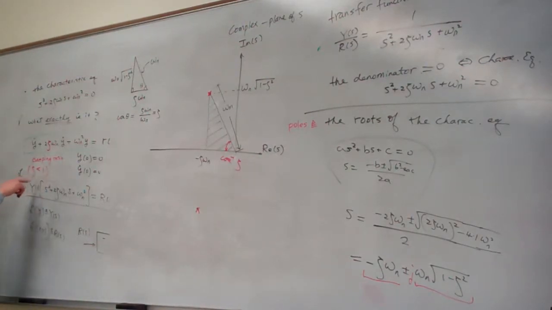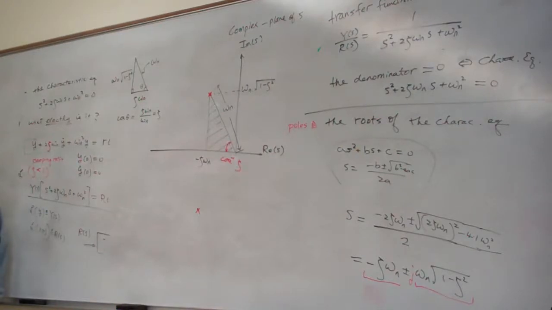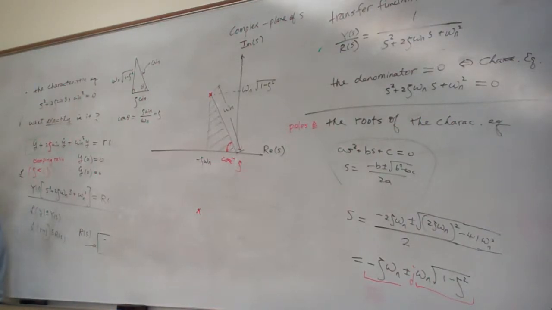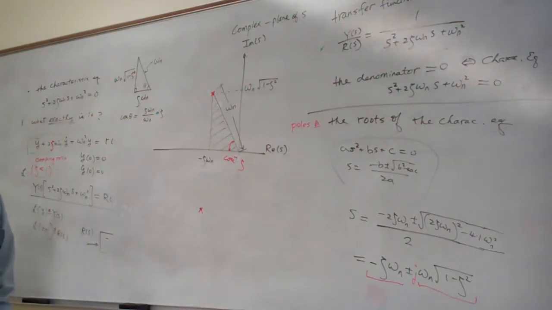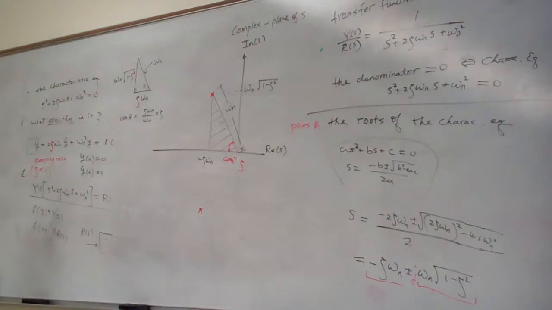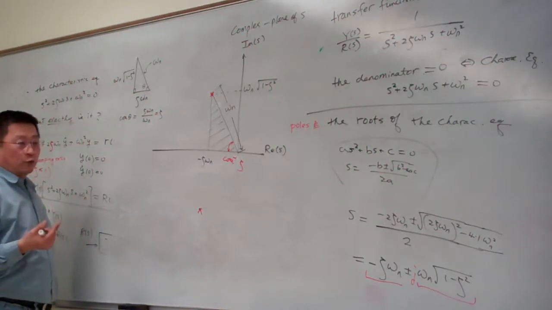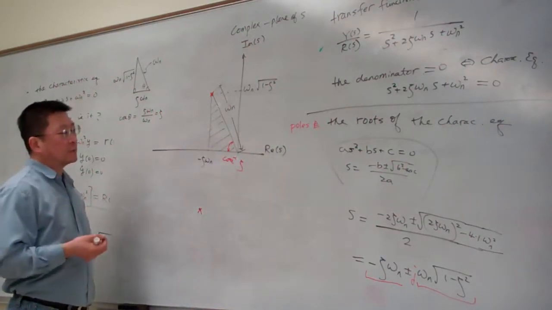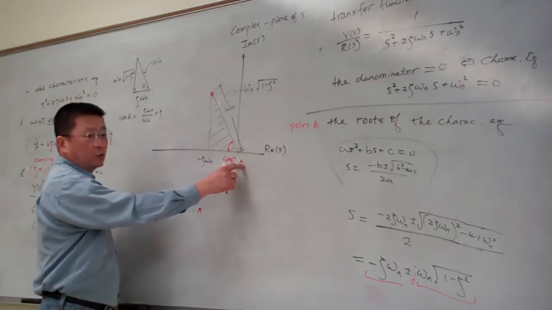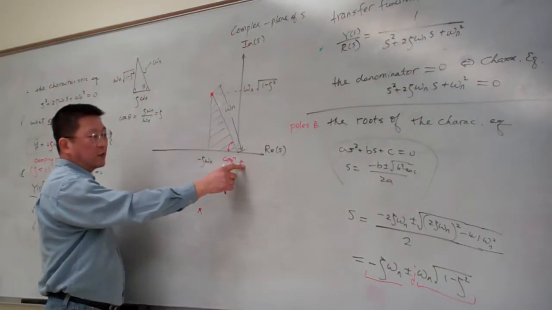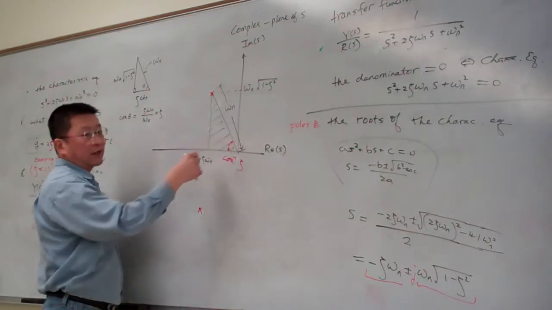If zeta is equal to 1 or greater than 1, I can tell you the system response has no oscillations. Okay, just simply decaying, no oscillations. So here we have damping ratio less than 1, then we have oscillations. When zeta is approaching 1, for example, if zeta is very small, approaching 0, then this angle will be big, say 90 degrees.